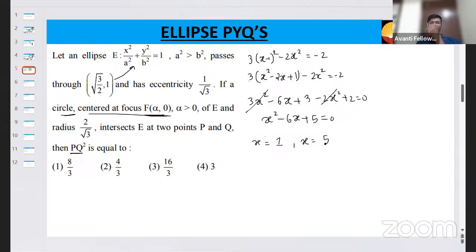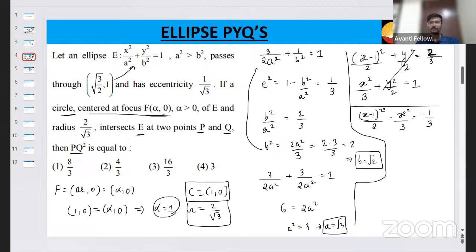Right? So if x equals 1, what will y be equal to? X equals 1, so y square by 2 and the base. x equals 1, so 1 by 3, 1 by 2 by 3, 4 by 3.